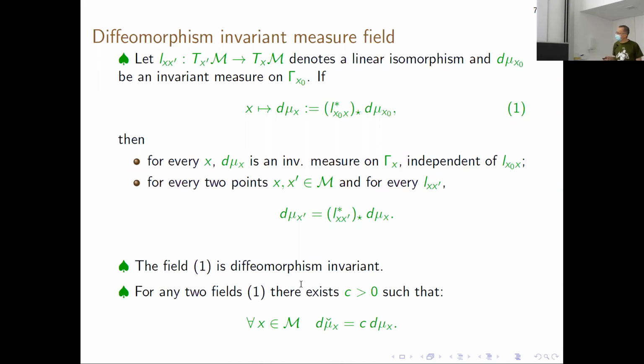So this number is the same for every point x. So in fact, you have only one family of such Diffeomorphism invariant fields of measures. One parameter family. Yes, one parameter family. Okay.